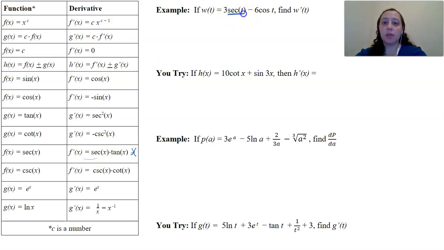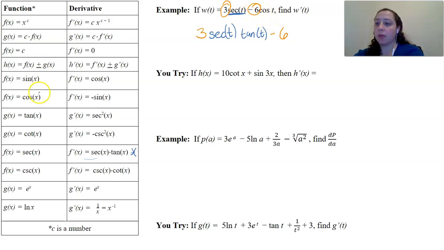When we have a coefficient in front, this coefficient is just going to stay there. So that's 3 secant t tangent t. And now this coefficient is going to stay there, minus 6. And the derivative of cosine, here's cosine, is negative sine. And I'm going to put in my t.